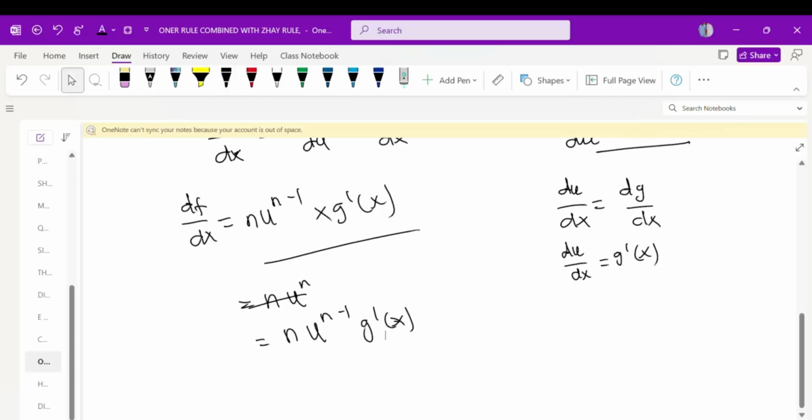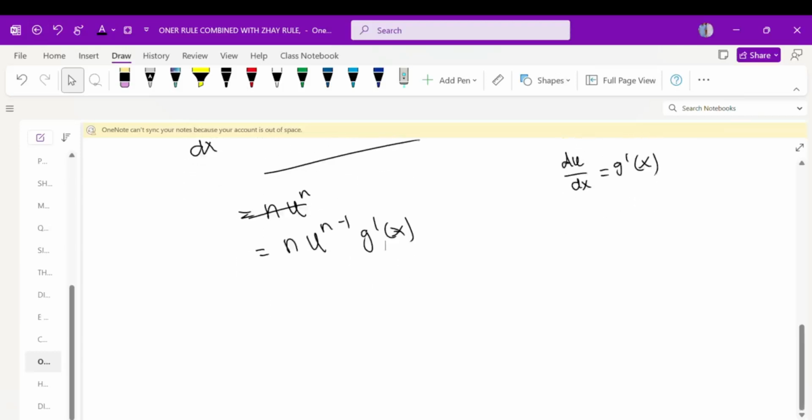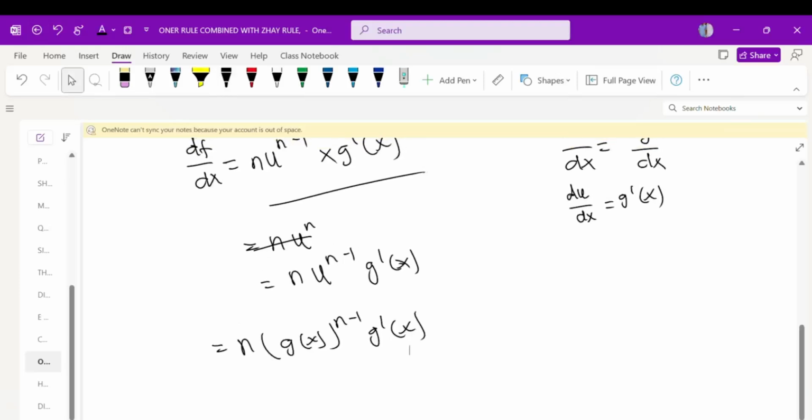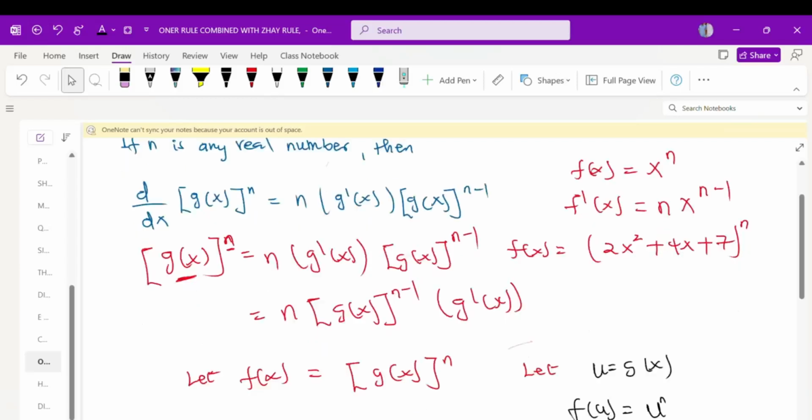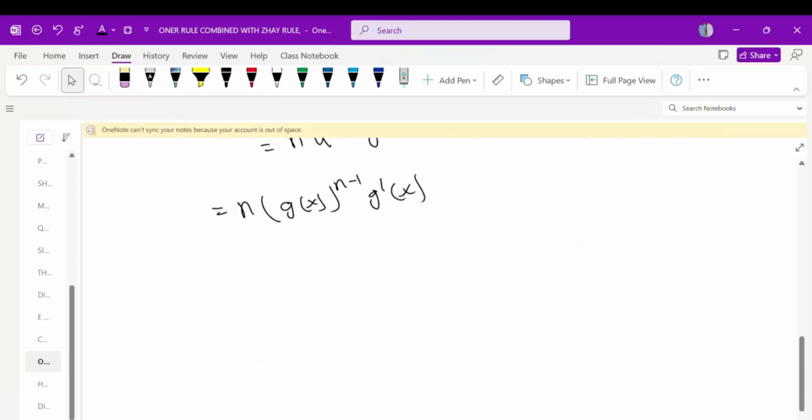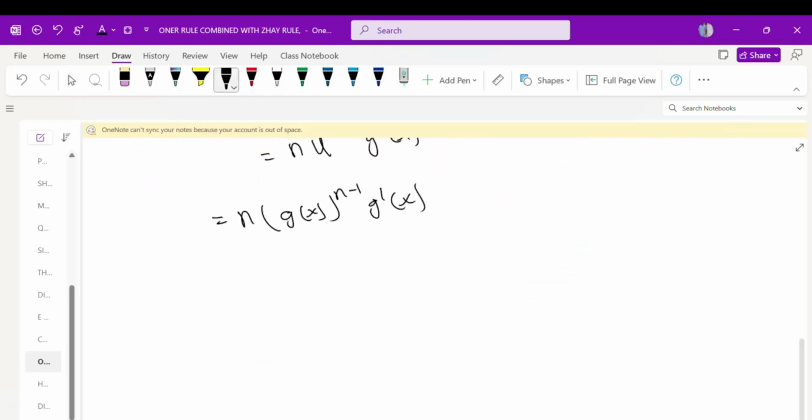But don't forget that we said that our u is what? G of x. So you're going to get n multiplying g of x exponent n minus 1 multiplying g prime of x. And we can see that this is what we had here. You can see that when you apply the power rule and you multiply the g prime of x to it, we get a chain rule.